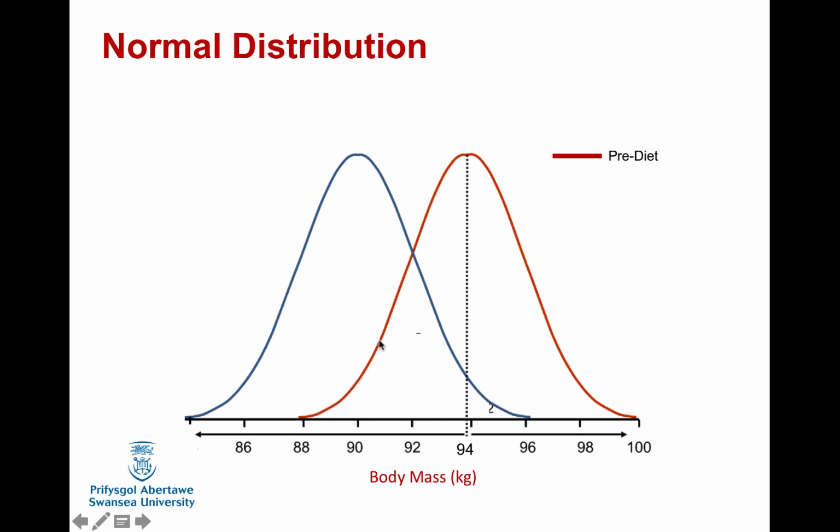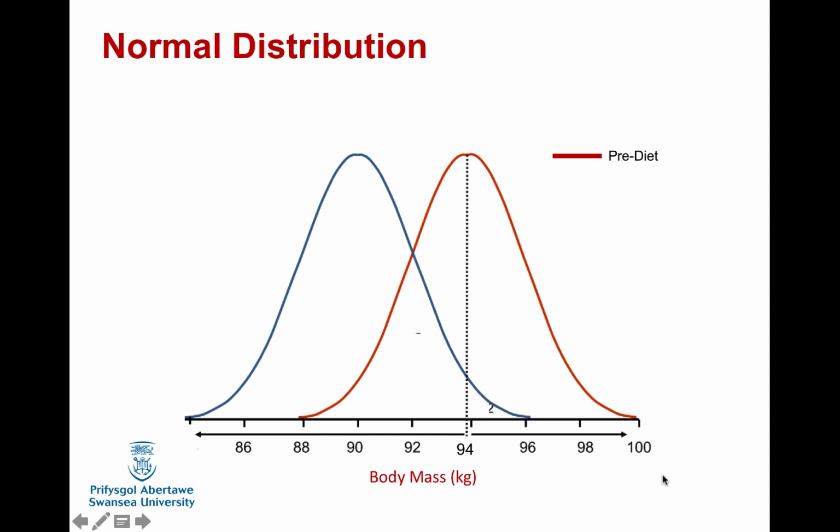Imagine this red line here is our data for pre-diet. So we've measured in a sample or a population all our body masses for each individual participant before a dietary intervention, and this is what the data looks like.